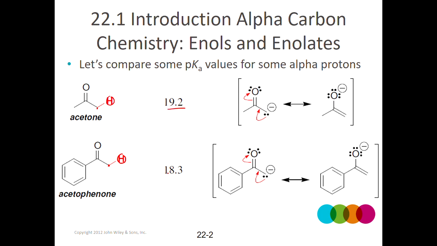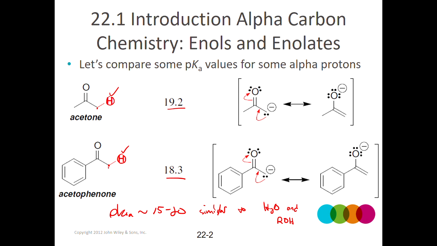If we look at the pKa values for these protons, they're usually somewhere between 15 and 20. That's similar to the pKa of water and also similar to the pKa of alcohols.